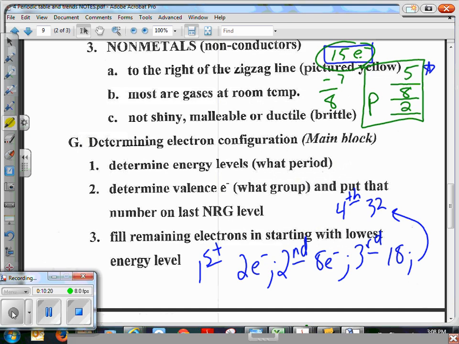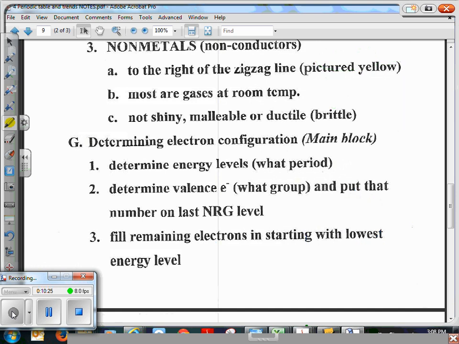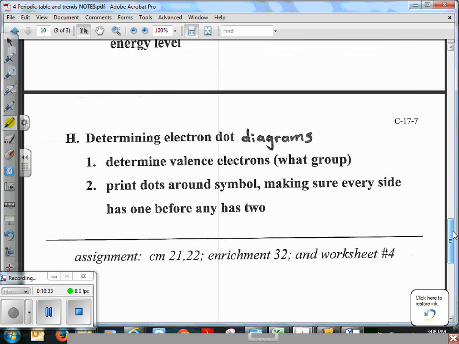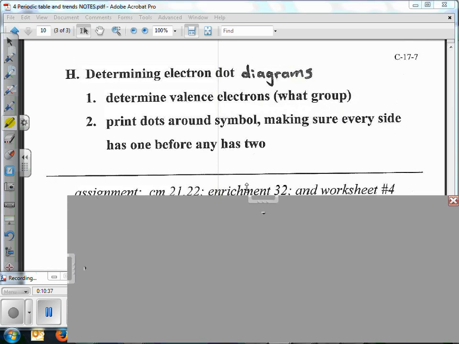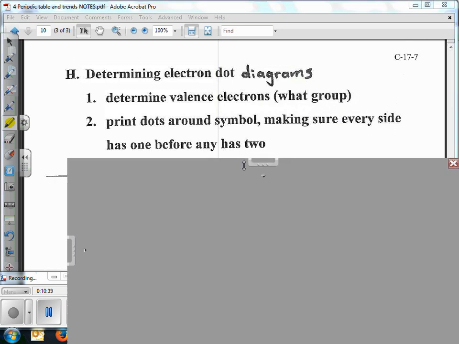Okay, good. So then we have to talk about one more electron configuration, because there are other ways to configure electrons. And that is determining electron dot diagrams. I'll let you write down these notes. Number 1 says determine the number of valence electrons, which you know how to do. Number 2 is print dots around the symbol.